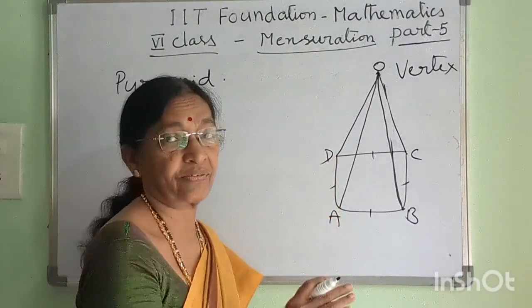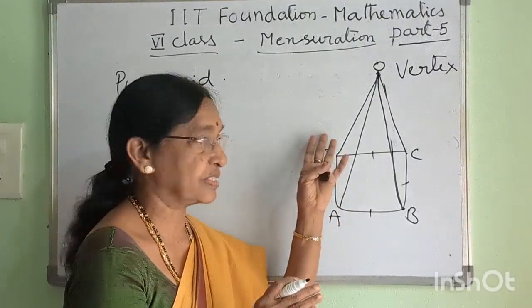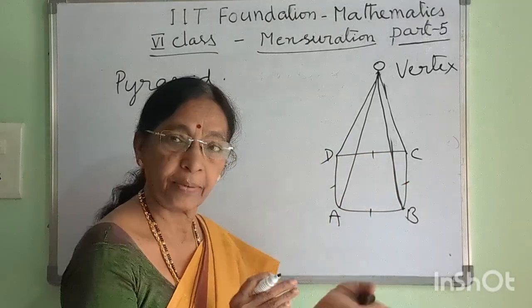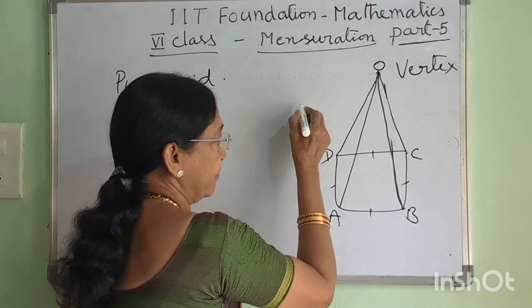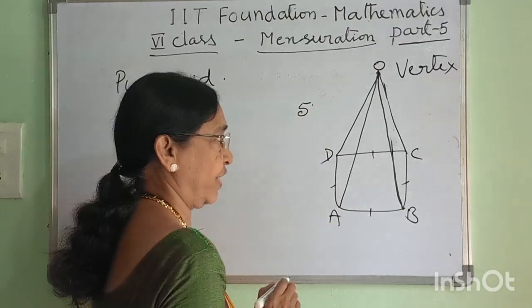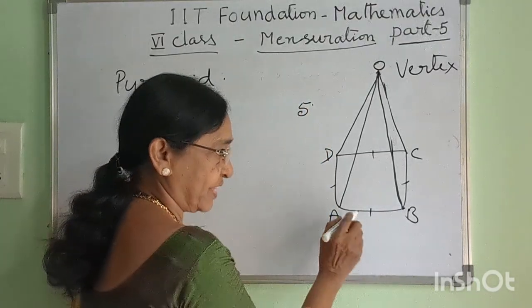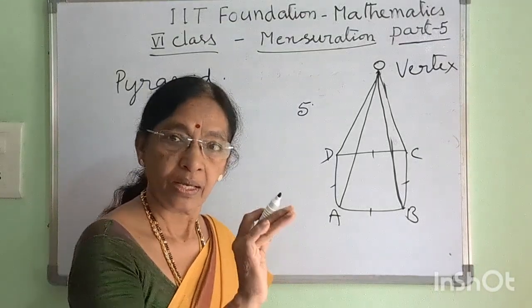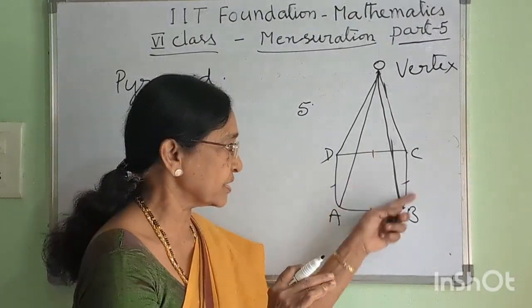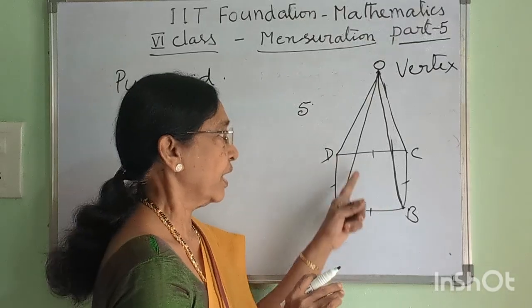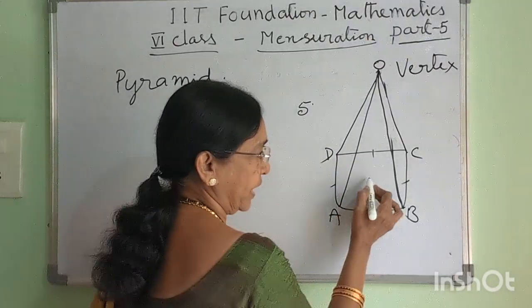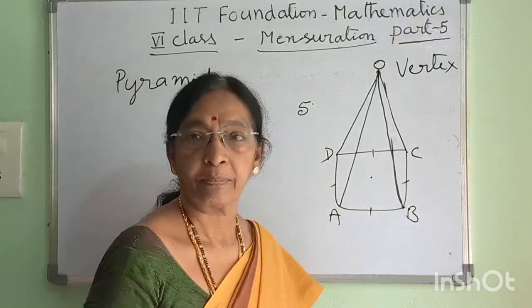Therefore, the pyramid has 4 lateral surfaces and a base surface, so the total surfaces of this pyramid is 5. So the number of sides of the base plus 1 is equal to the total number of surfaces.